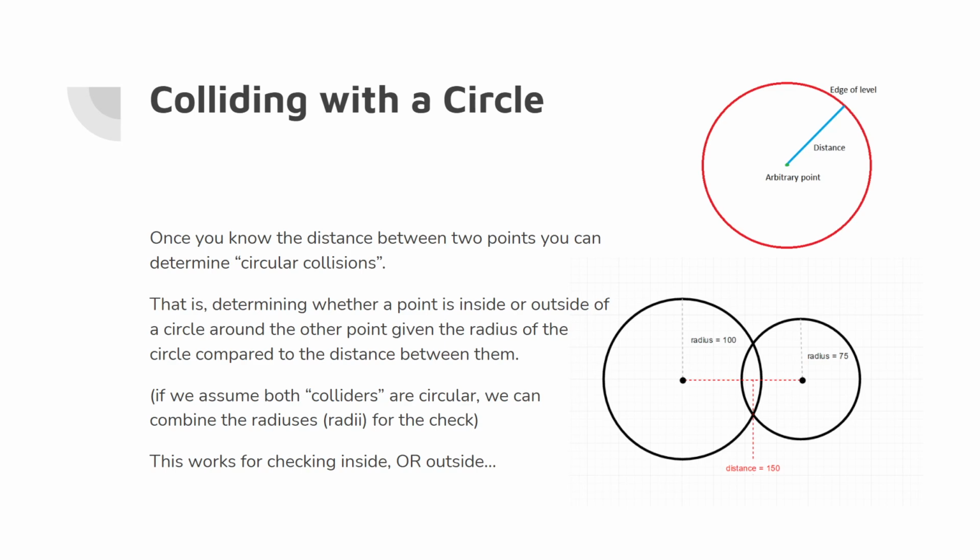So we add the two, and if the distance between those two exceeds those two radiuses, we know they touch or they don't touch. So from this, it's easy enough to figure out, are you inside the circle or outside the circle? Congratulations, now we've got intersection with squares, intersection with circles.